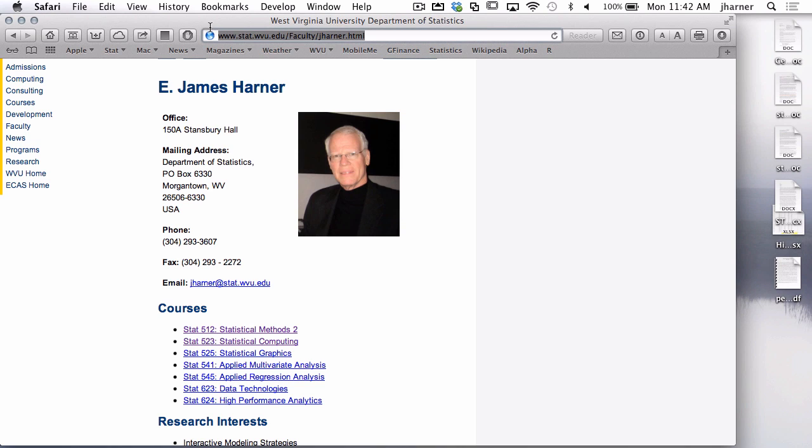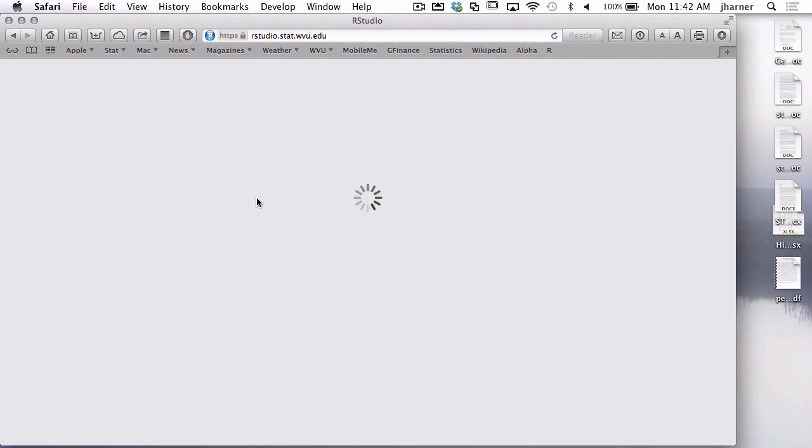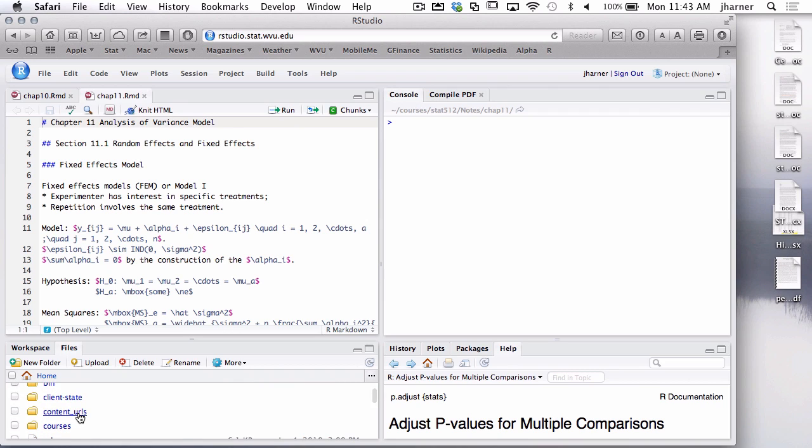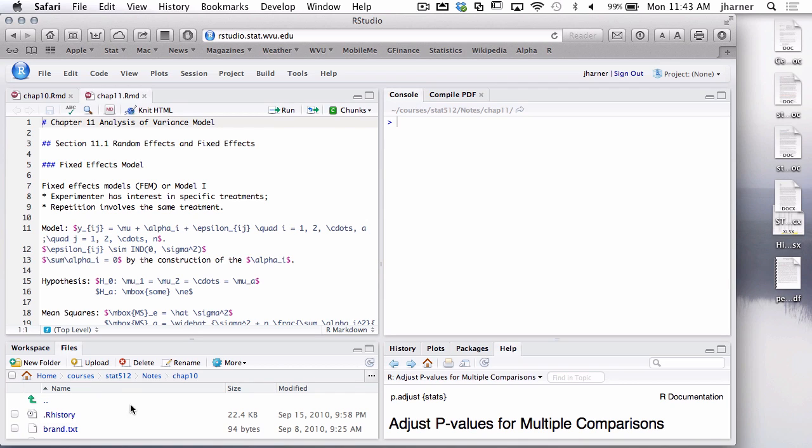So let's go into RStudio. And actually I have Chapter 10 up here, although I'm not in the right directory. So now I am, and let me set this as the working directory.